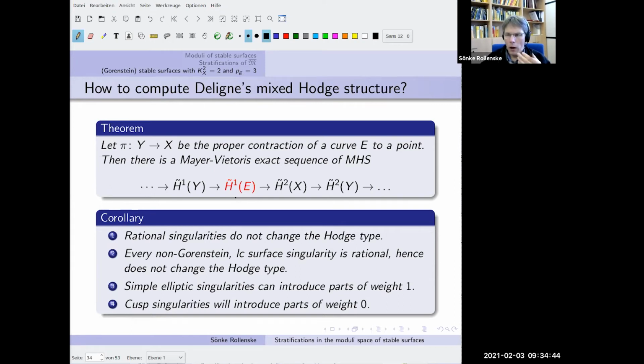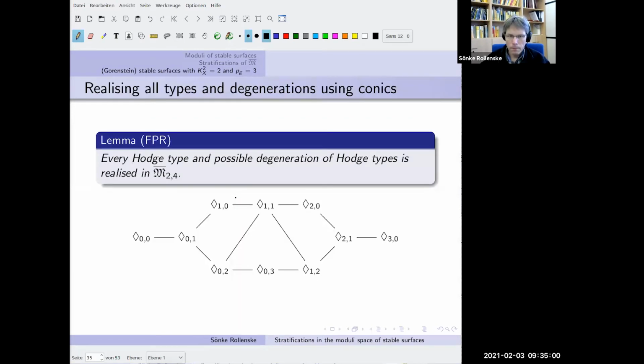Okay, so our idea is I have to impose some elliptic singularities, simple elliptic singularities, to get bits of weight 1, and I want to impose some cusps to get bits of weight 0. And then you can prove the following lemma, and this is really proved by picture.